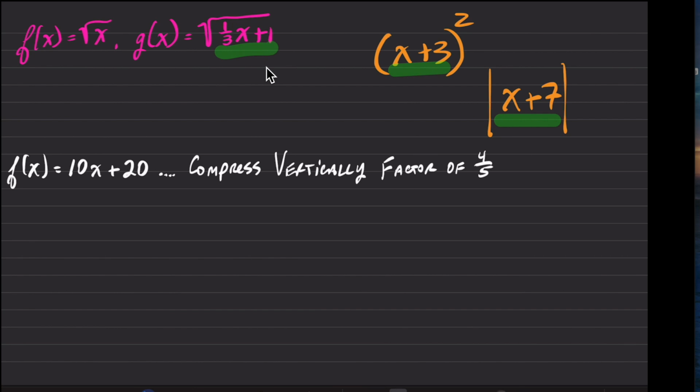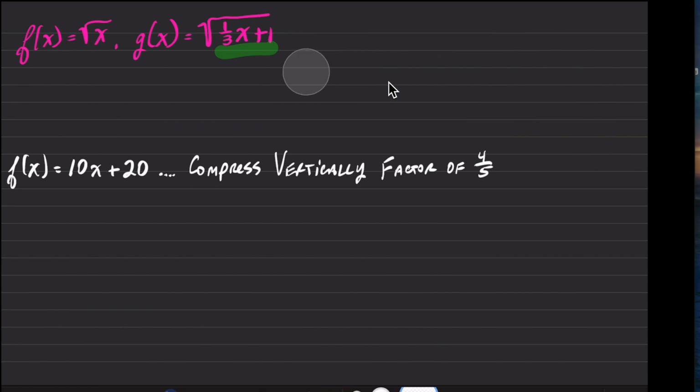Anything outside of these, so if you have something out here, in front here, multiplying here, all the outside numbers are going to refer to vertical, and anything inside the absolute value signs, inside the parentheses, inside the radical, these are all going to be horizontal transformations.